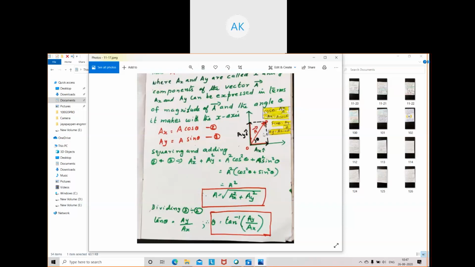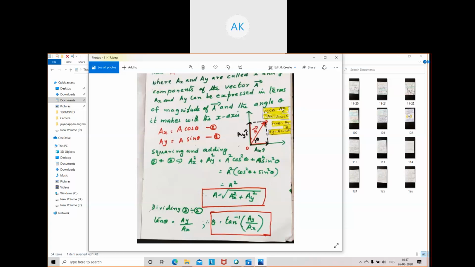So vector A can be written as Ax i cap plus Ay j cap. To find the magnitudes, find cos theta and sin theta, so Ax equal to A cos theta, Ay equal to A sin theta. Squaring and adding, we get A equal to root of Ax square plus Ay square, and theta equal to tan inverse Ay by Ax.